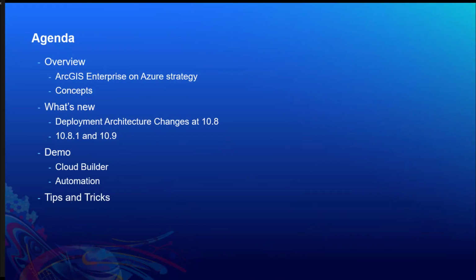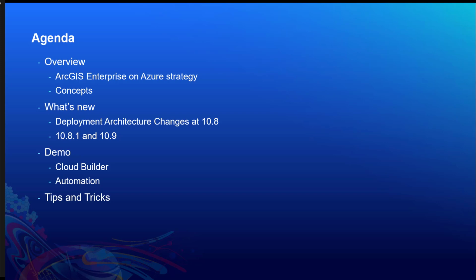So the agenda for today is to start by giving you an overview of the ArcGIS Enterprise on Azure strategy. We'll follow that up by describing some concepts that will help make some of these clear to you. We'll follow that up with a what's new, describing some architectural changes that happened at the 10.8 release that we've fielded questions about through the calendar year of 2020.